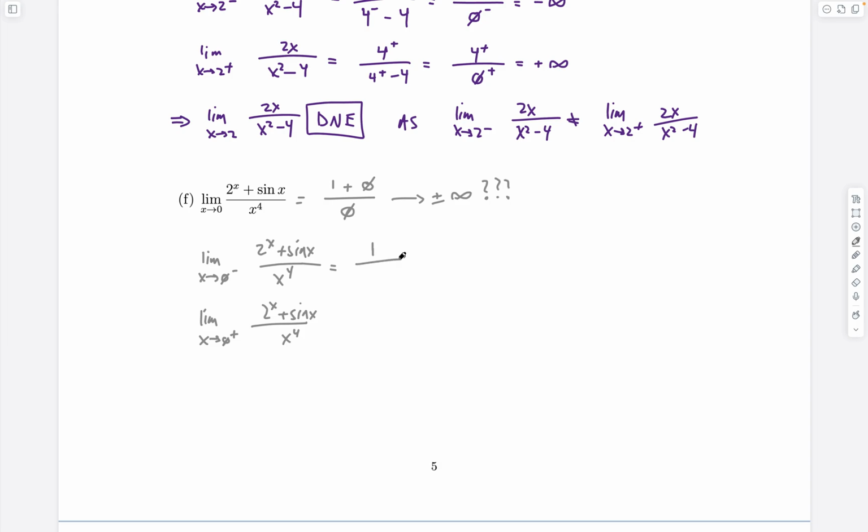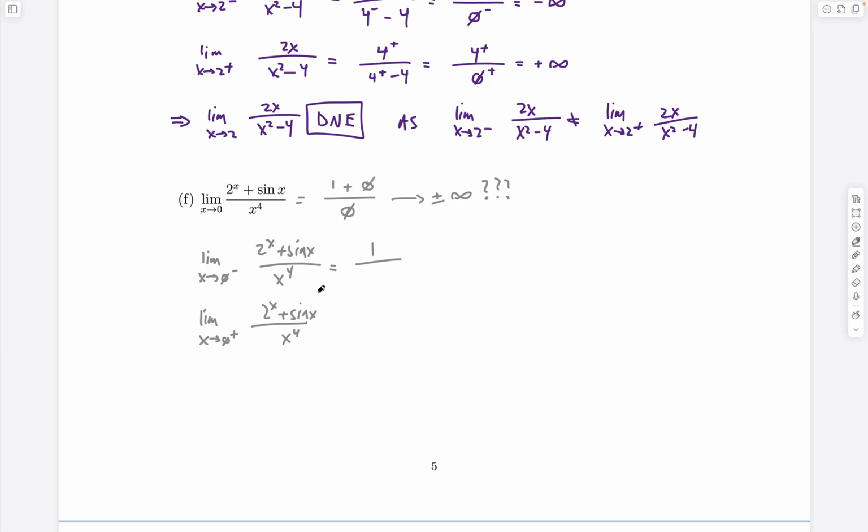Okay? Now on the bottom, this is going to be the main focus, right? So the top is going to be some positive 1. But on the bottom, if I went towards 0 from the left, I would be plugging in a number that's slightly negative, conceptually, if I were trying to do a substitution, or look at this on a table. And if you take a number that's slightly negative and you raise it to the power of 4, an even power, it would turn positive.